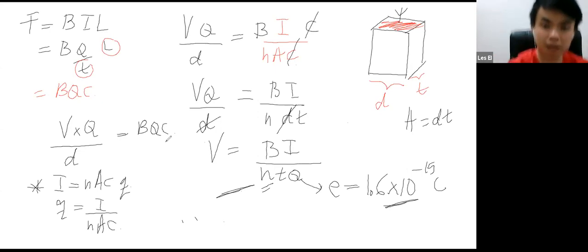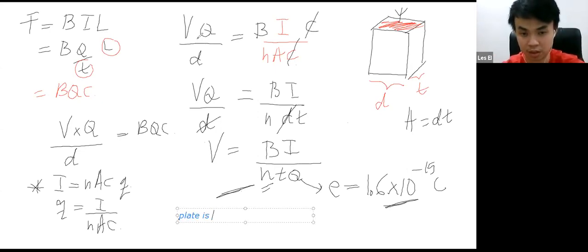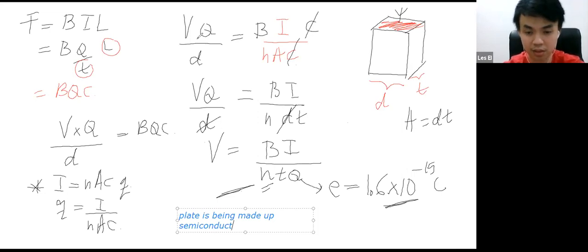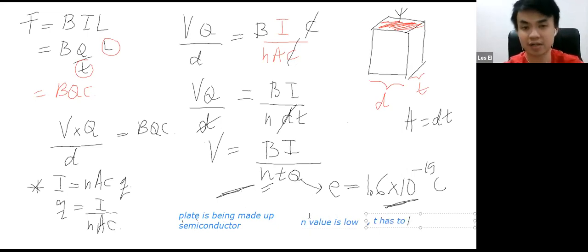There's another thing that you have to know. The plate is made up of a semiconductor. Why? Because the N value will be low, and the T also has to be thin, right? The question is why you have to make it like that?